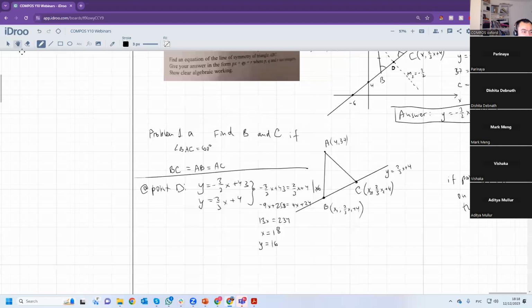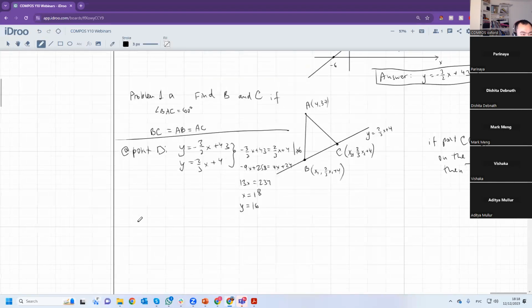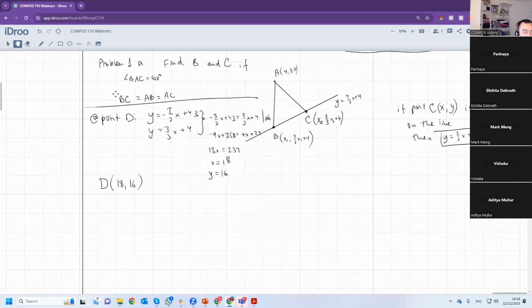Okay, so point D has coordinates 18, 16.